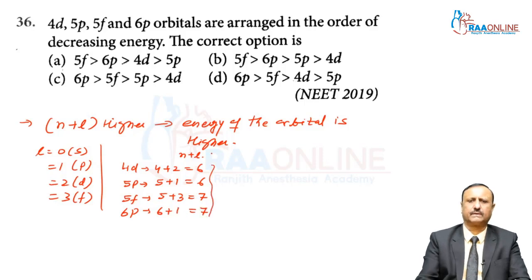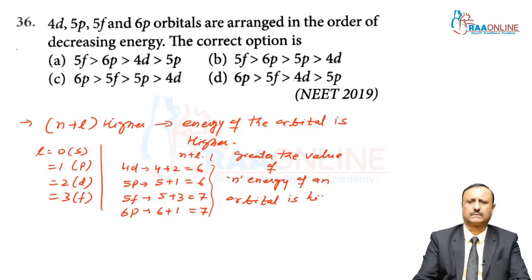Here, my dear students, when the n plus l value is the same, then the greater the value of n, the higher the energy of the orbital. So, you can see here that among 4d, 5p, 5f and 6p, 6p is highest.